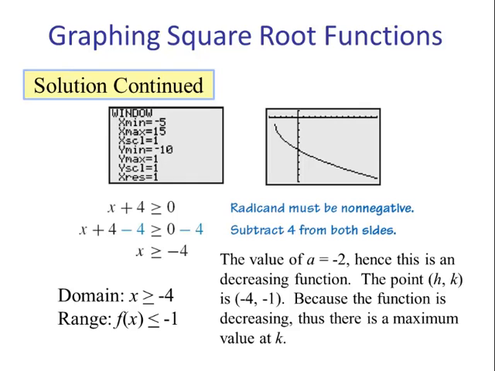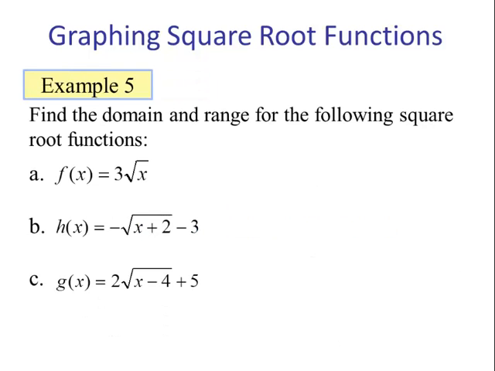Let's do another example. Example 5. Find the domain and range for the following square root functions. A, f of x equals 3 times the square root of x. B, h of x equals negative square root of x plus 2 minus 3. And C, g of x equals 2 times the square root of x minus 4 plus 5.